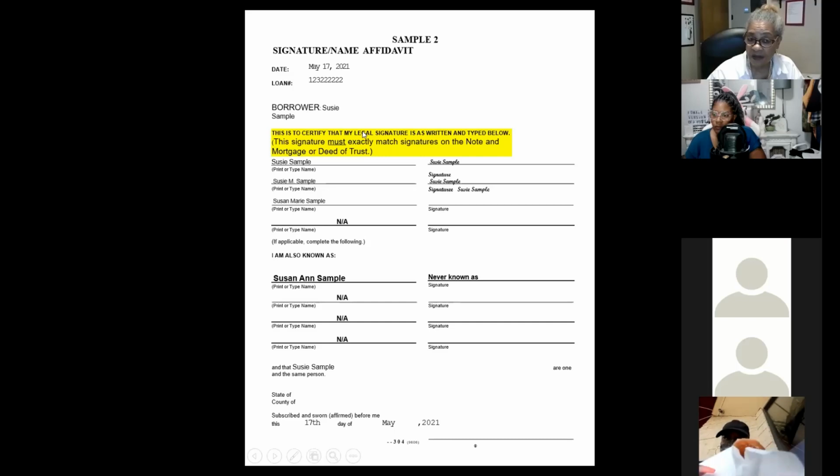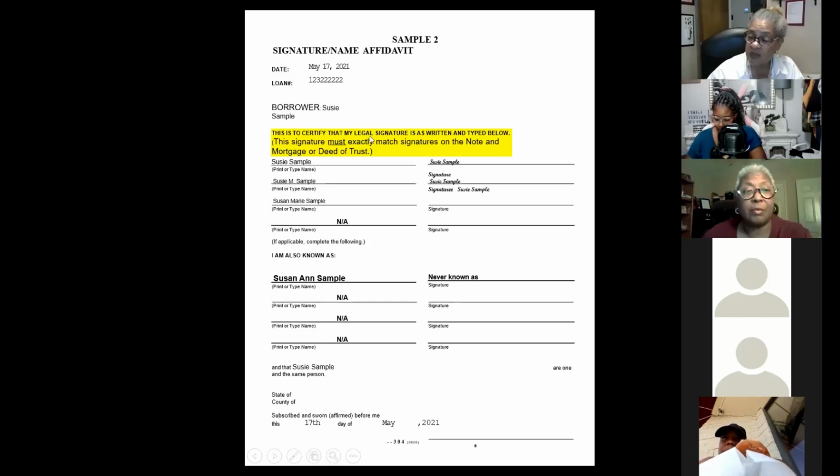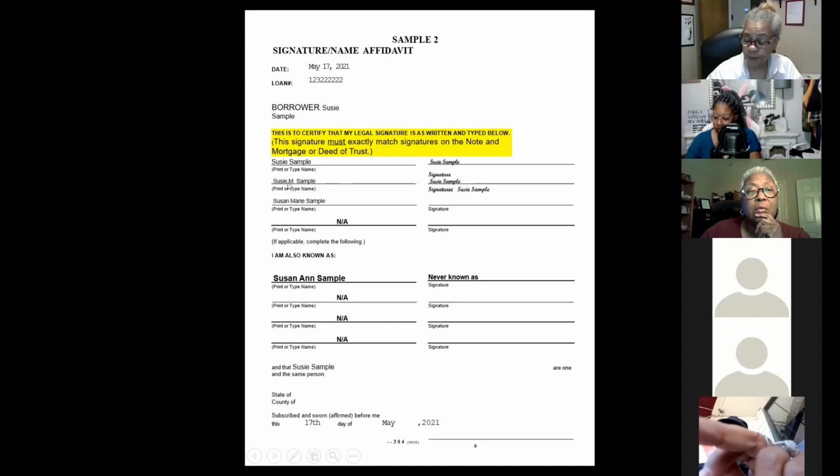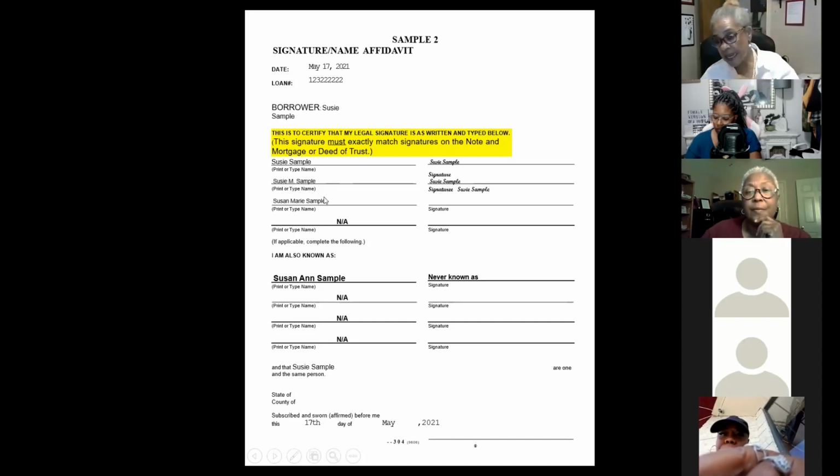The instructions here are to sign the name exactly as the name appears on the note, the mortgage or deed of trust. In this particular instance, her name is just Susie Sample on her documents. So that's how she is to sign each one of these. Even though Susan Marie is shown, her signature is Susie Sample according to the mortgage documents.